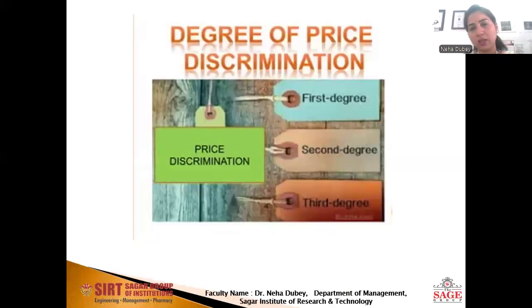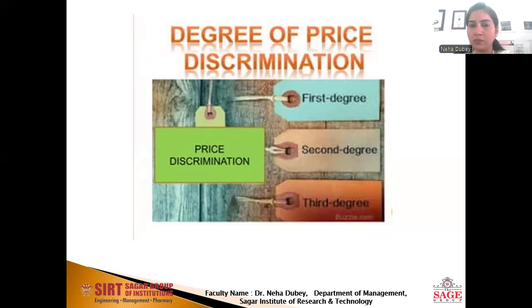In the previous lecture, we studied what a monopoly is, what price discrimination is, and how monopolists can charge different prices to different consumers for the same commodity. We also studied the reasons they do so: to maximize profit, to increase output and revenue, and to get a hold over the market.